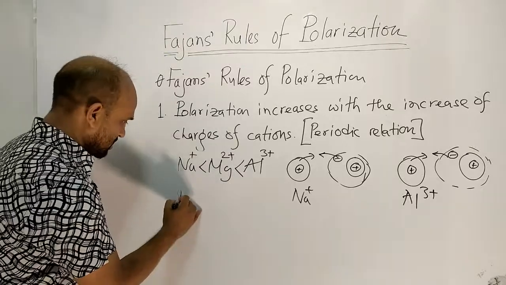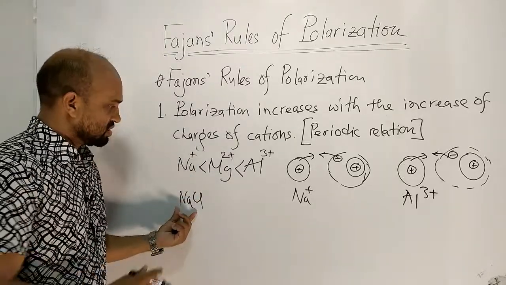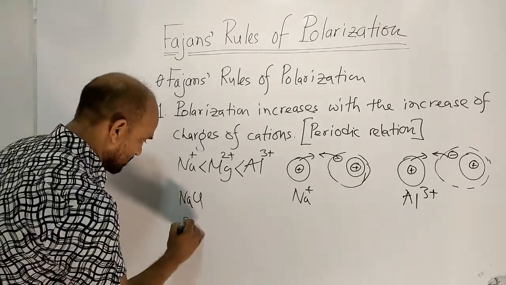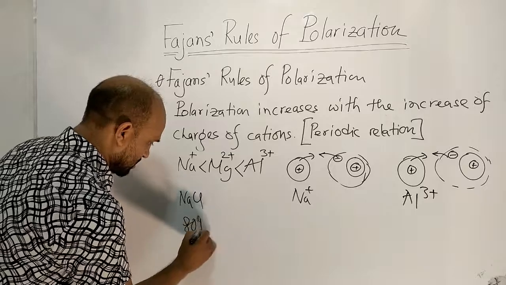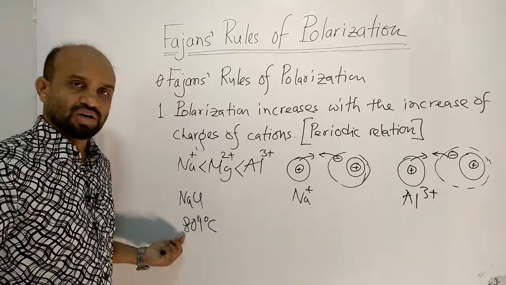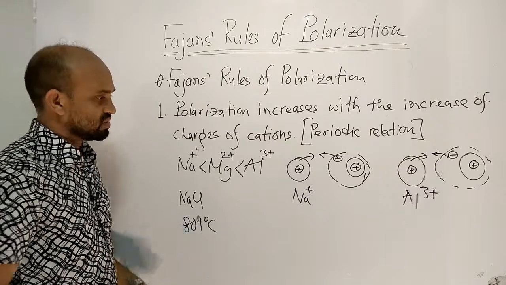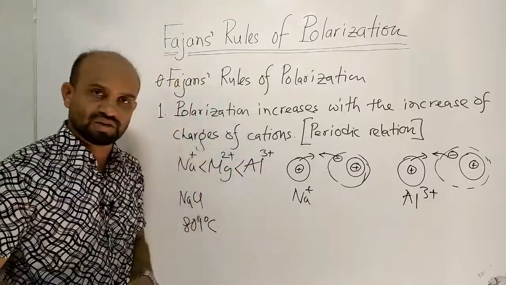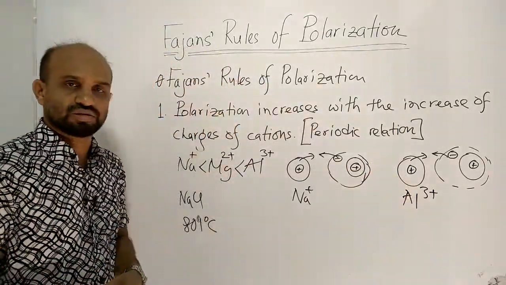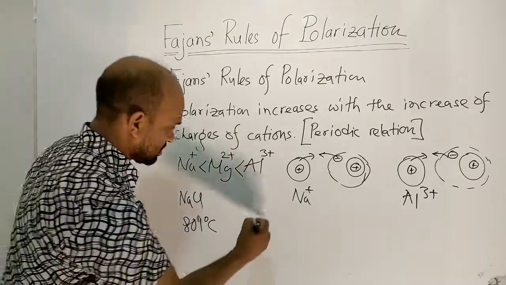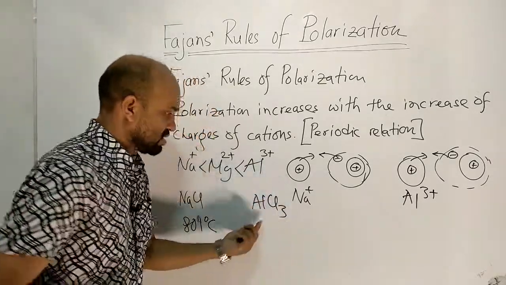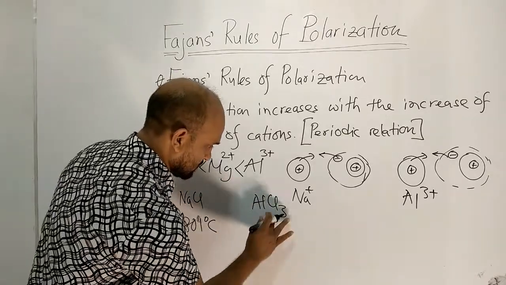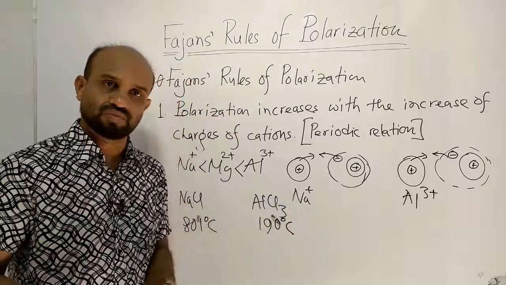For example, it forms sodium chloride, less polarization, this is more ionic, and that is why its melting point is very high, that is 801 degrees Celsius temperature. But in this case polarization is very high, that means this compound attains covalent character like aluminum chloride. Covalent character, less melting point, that means 190 degree Celsius temperature.